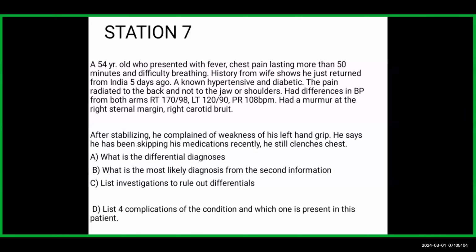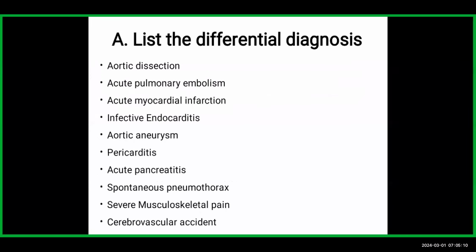So that's why I also entertain infective endocarditis as a differential for this patient. And then another differential, acute pancreatitis: the pain is radiating to the back, and the patient had a risk factor. The patient is diabetic, so acute pancreatitis cannot be ruled out.